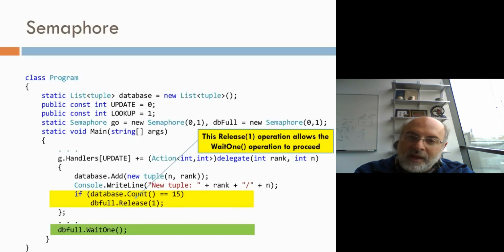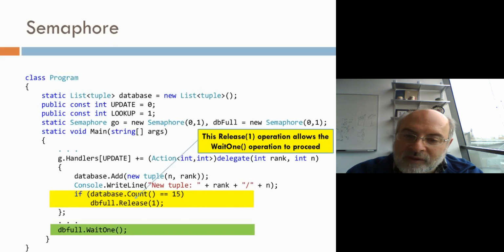And remember now that each separate instance of the group has their own private version of this database variable, and they're applying the same updates in the same order to the different replicas. Okay? So now, as each one reaches 15, it'll be at almost the same time concurrently, and what's going to happen is they're going to toggle the semaphore, dbFull.release. That's going to wake up dbFull.wait1 down below.